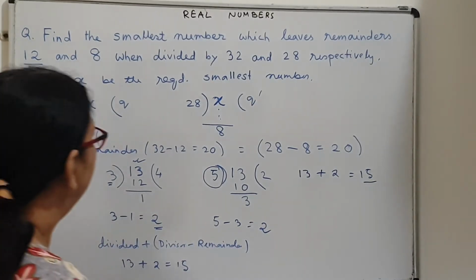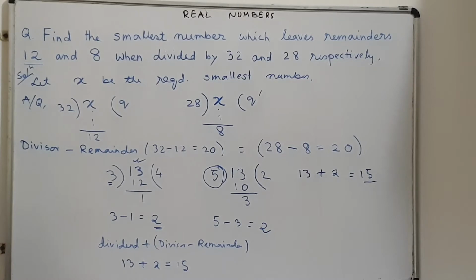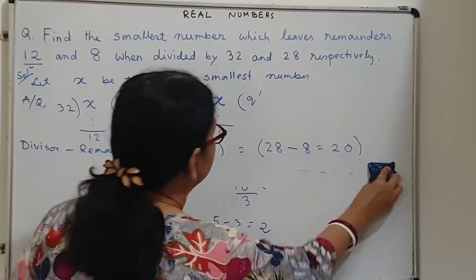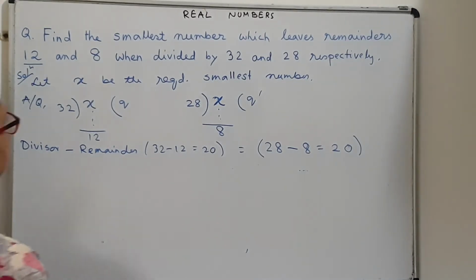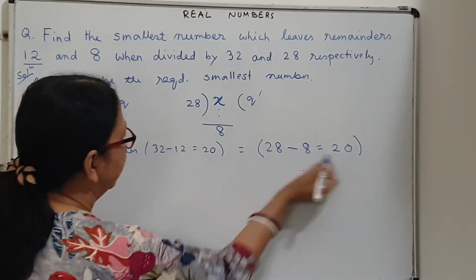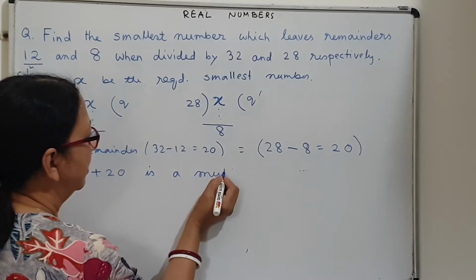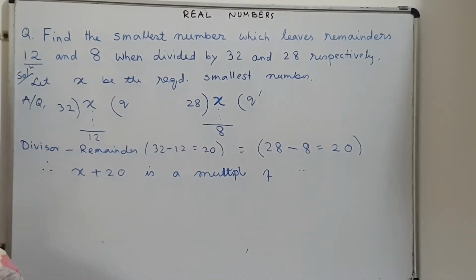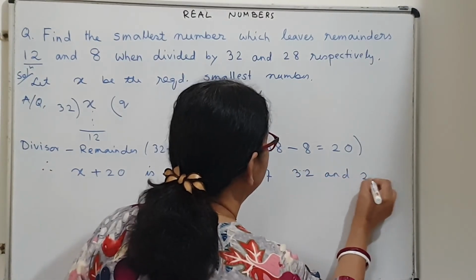Using this observation, we can say now, therefore, x, this number plus this constant difference, is a multiple of the divisors, meaning 32 and 28.